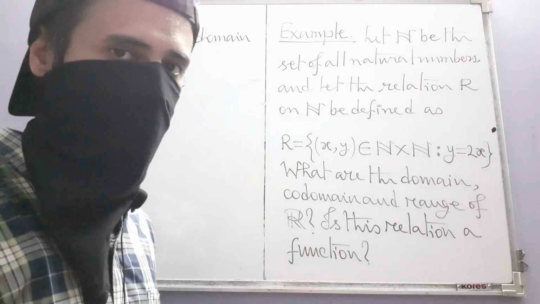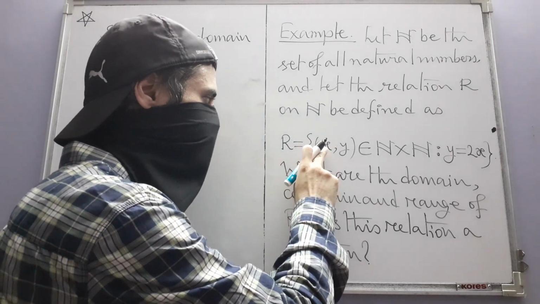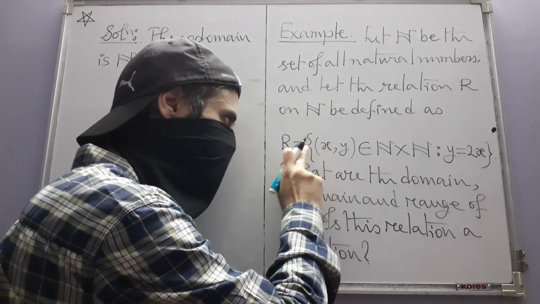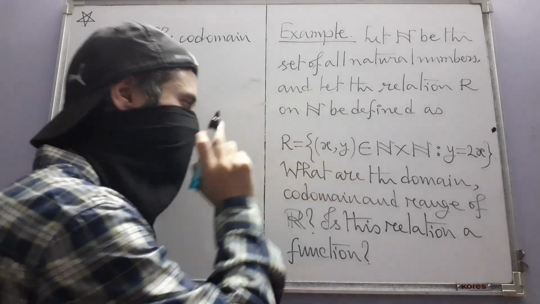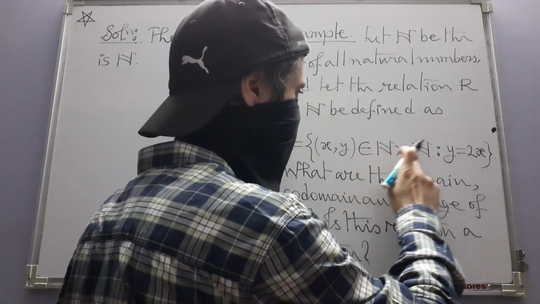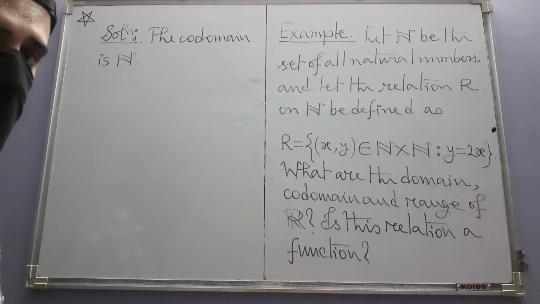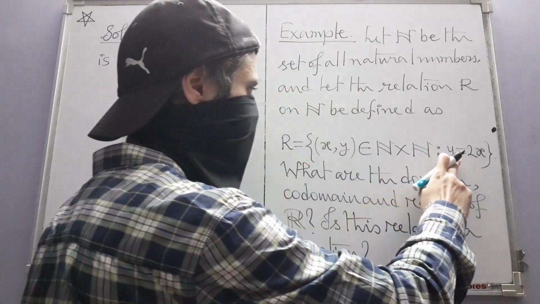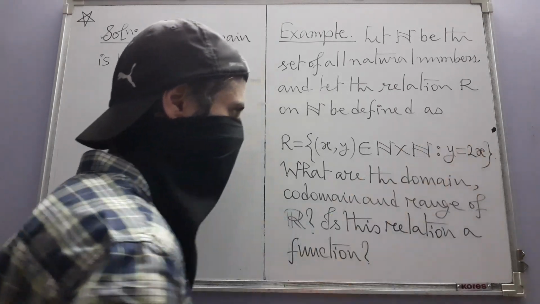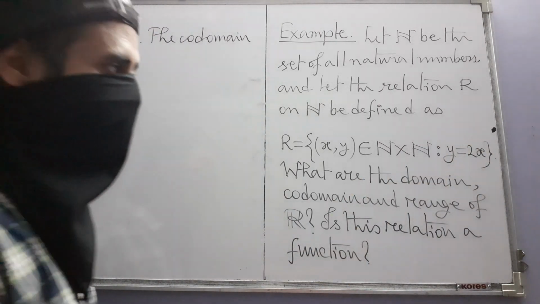What is the domain? The domain by definition is the collection or the set of these first elements of all the ordered pairs in R. Now, are you able to put just any natural number in place of x? Yes, because then your y is just twice of x, which is also a natural number.